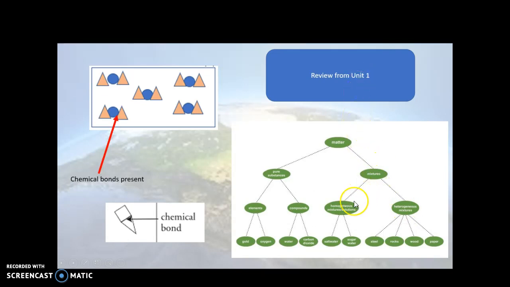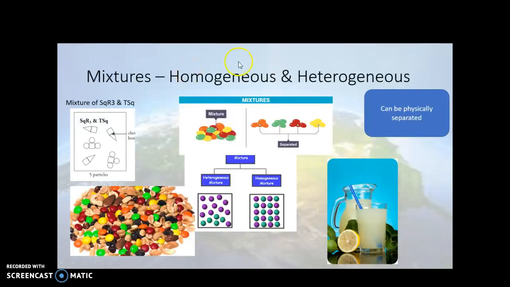And the big thing between a mixture and a compound or element would be these bonds. So in my example here, there's no bonds between the peanut and the M&M. But this whole square here, if I used this, you can see there are parts that have chemical bonds in them.